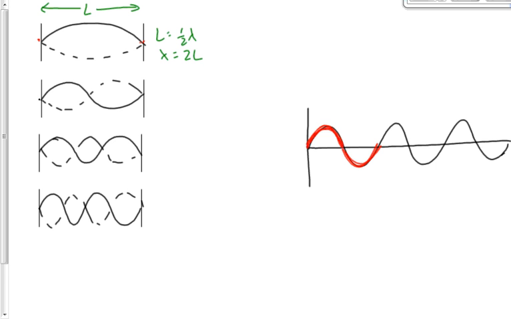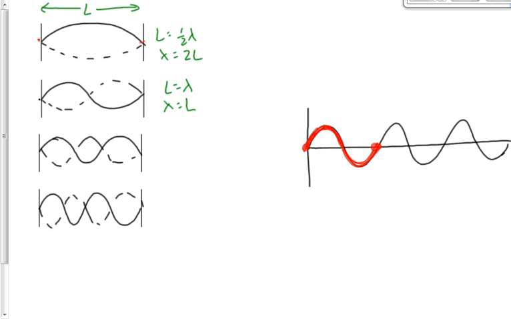How much of a wave is that? Alice, how much of a wave is that one? Half a wave? Going from here all the way back to here, this is going to be a whole one. So we're going to say L is equal to lambda. Now, we don't really need to rearrange that because L is lambda, lambda is L, same deal, right? I just want to keep it nice and uniform. Solve for L in all the cases.